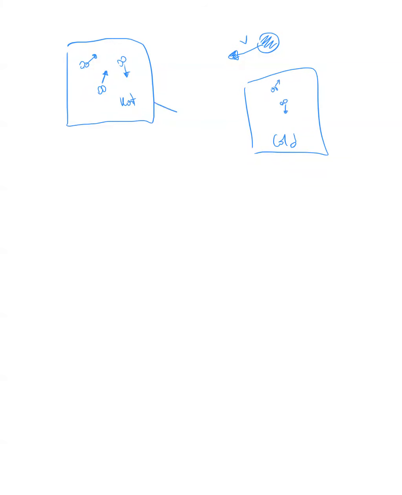And we know that if we make these two interact somehow, then energy, heat, will flow from the hot object to the cold object. And as energy flows from the hot object to the cold object, it is possible sometimes to redirect some of this energy into useful work. And devices that do this are called engines.